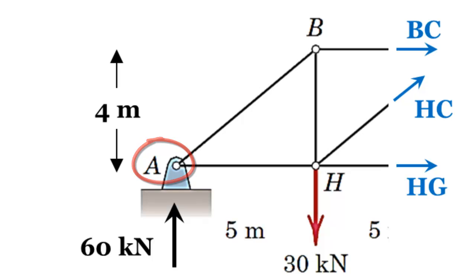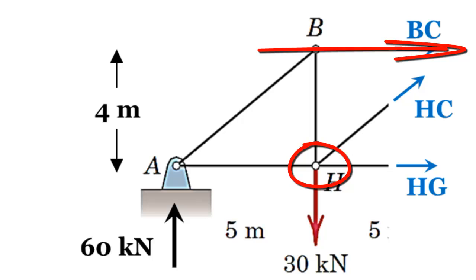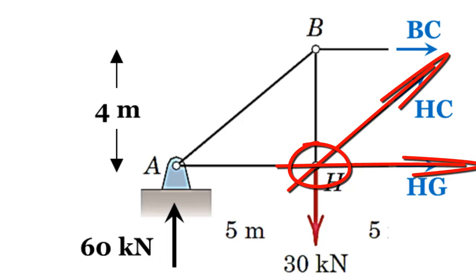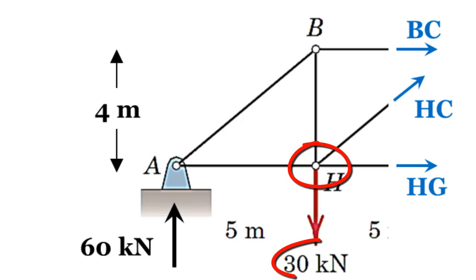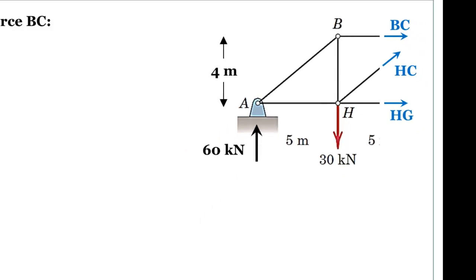So I'm left with only one choice, which is H, but let's examine H. If I take the summation of the moments about H, BC doesn't pass through H, that's good, so my unknown is solvable. And the beauty about point H is that both of the unknown forces, HC and HG, have their lines of action pass through H. And one more thing, the 30 kilonewton passes through, so that's a perfect point to choose.